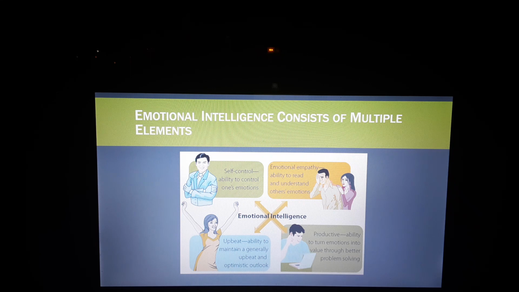This is just a nice little graphic on emotional intelligence. There's lots of things: self-control, ability to control your emotions, ability to understand what other people are feeling. And generally speaking, people who have high emotional intelligence can be very upbeat and optimistic. And they generally can use emotions in a positive way to help with problem solving.